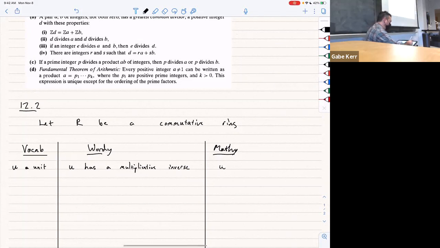So here we could take the principal ideal of U, and what would it be? U has a multiplicative inverse. What is a principal ideal?